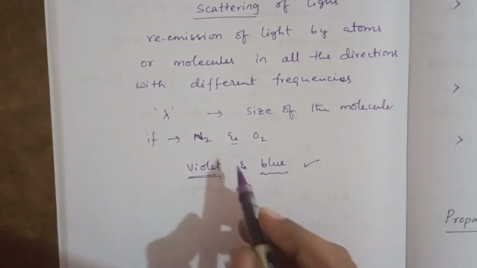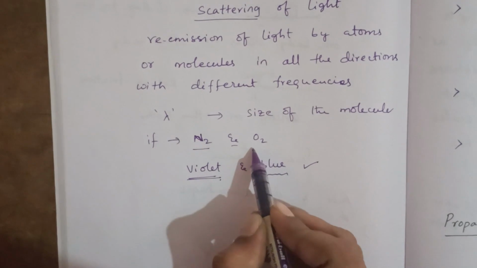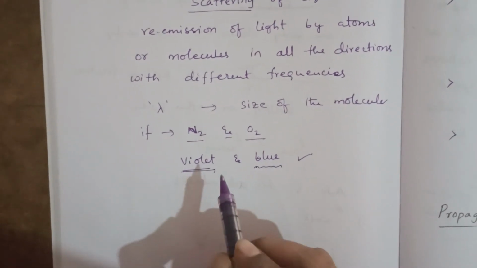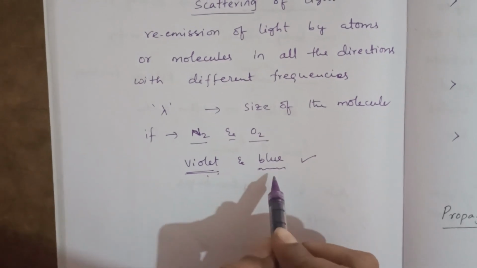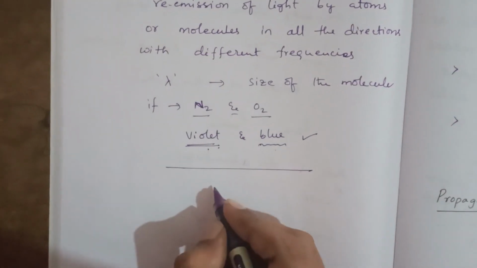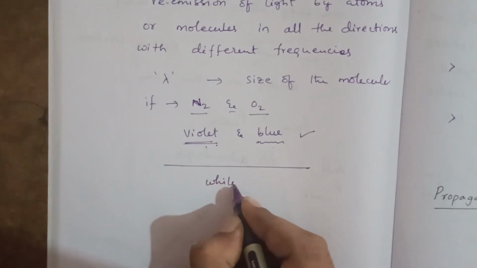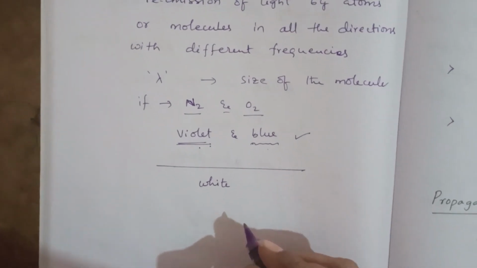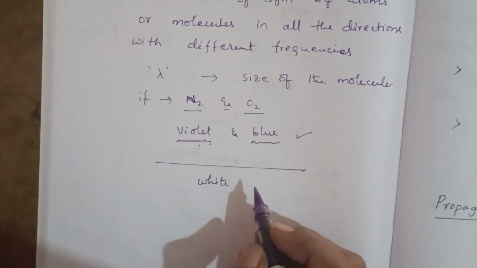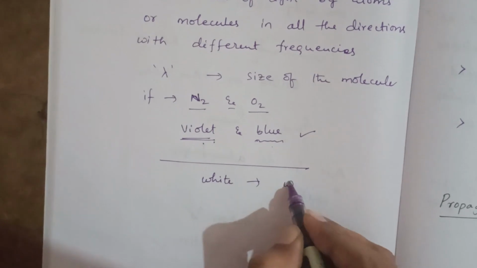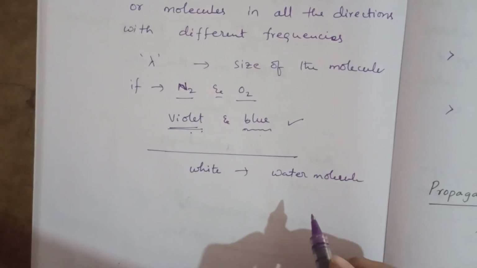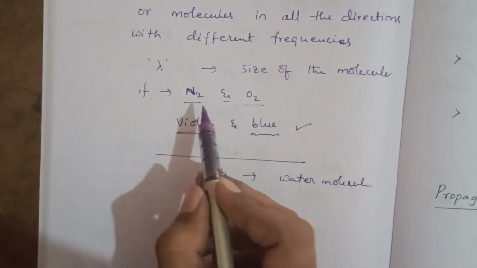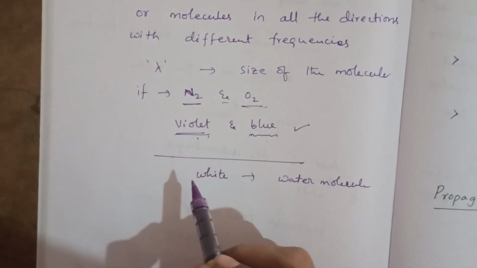That is because the atmosphere contains many nitrogen and oxygen molecules. These molecules can scatter violet and blue colors. Sometimes we see a white color sky. That is because of water molecules. Water molecule size is greater than the size of nitrogen and oxygen.